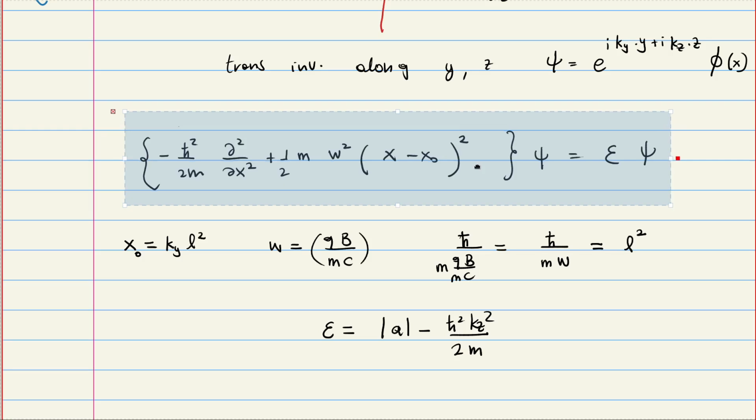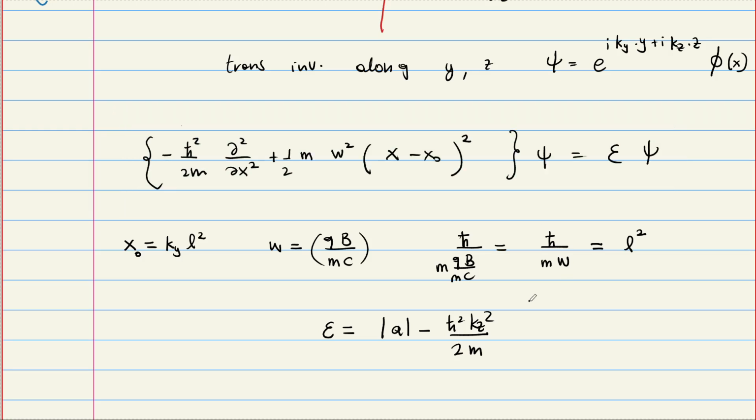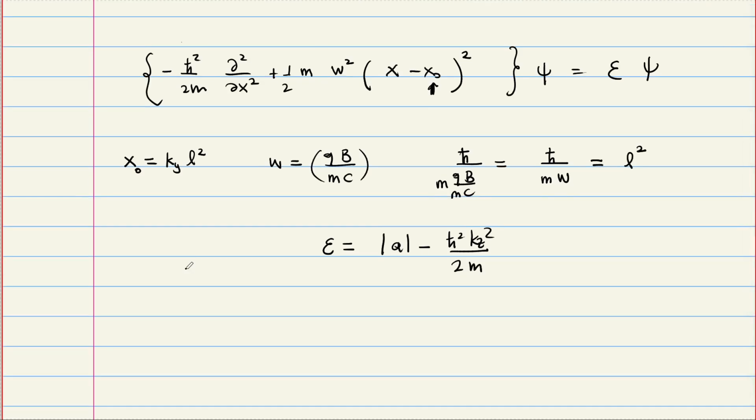And I think everybody should be able to recognize what this equation is. Harmonic oscillator, but shifted, right? Shifted harmonic oscillator, and the important thing is that the center of the harmonic oscillator is ky dependent. Once we see that, we are happy because we don't have to solve this equation.